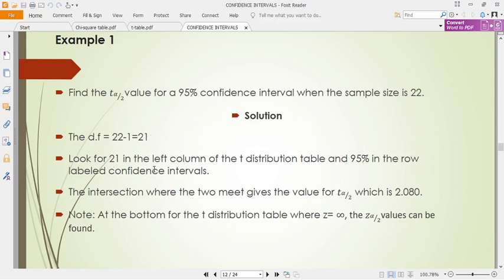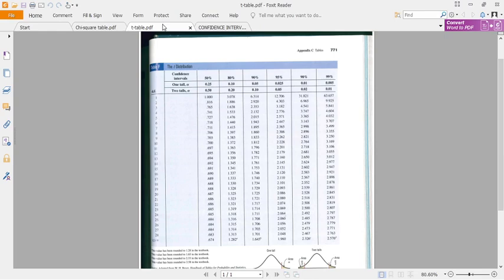So we look for 21 in the left column of the t distribution, and then 95% in the row labeled confidence interval. So we are working at 95% confidence interval, but then we have 21 degrees of freedom. So 21 is here, and then 95.